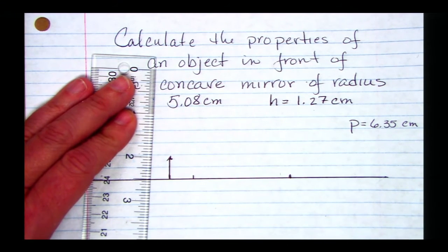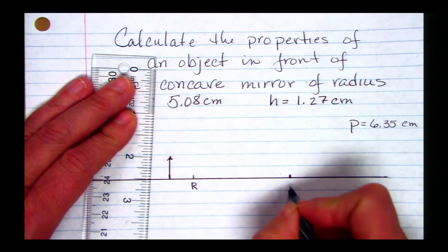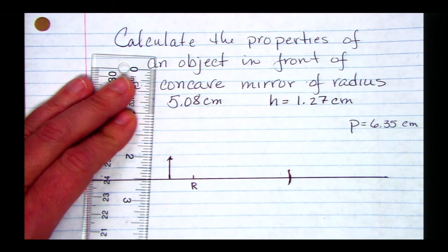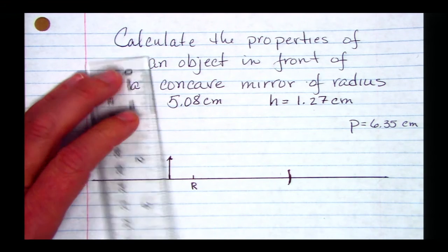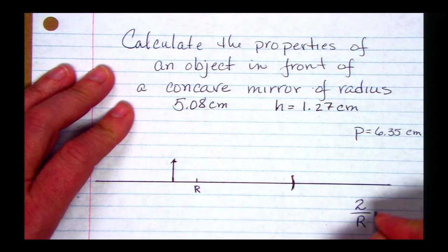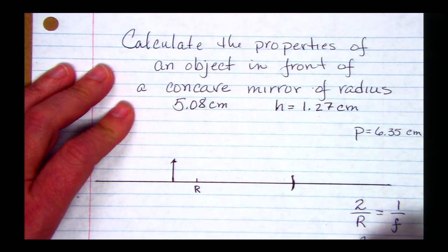And we also showed on Wednesday that 2 over R is also equal to 1 over the focus. So if I do my 2 over R, it's going to be 2 divided by 5.08 centimeters. And my focus, when I do that, if you want to play that game, 2 divided by 5.08.